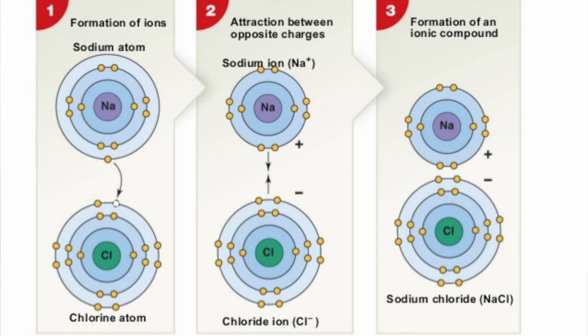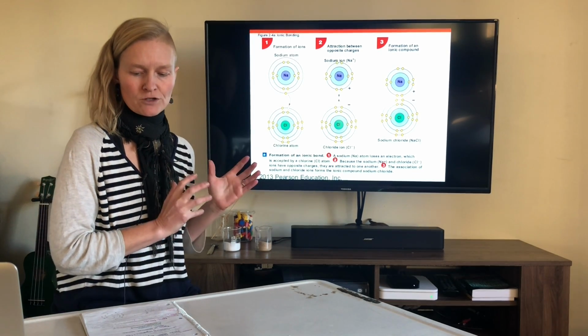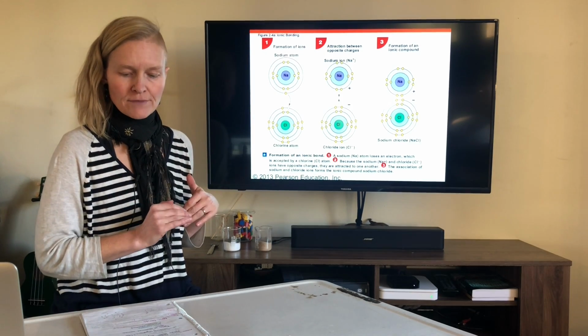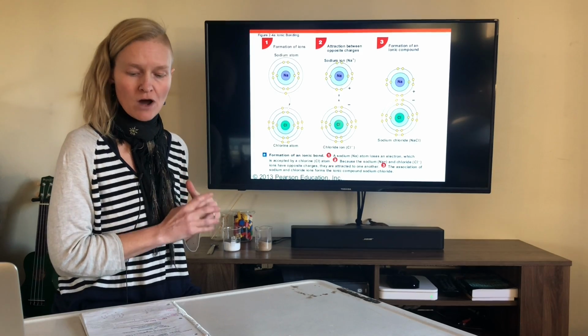The first type of bond that we're going to talk about is called an ionic bond. This happens when one or more electrons are transferred from one atom to another atom. It forms between metals and non-metals.